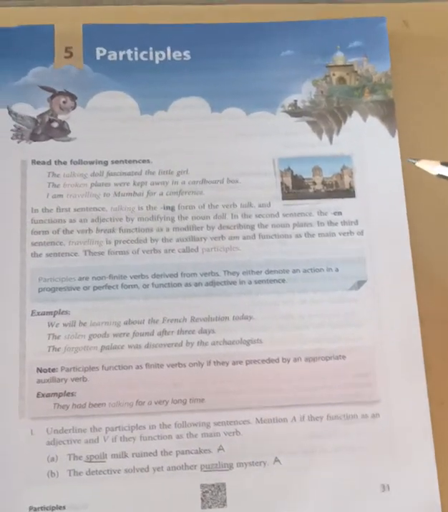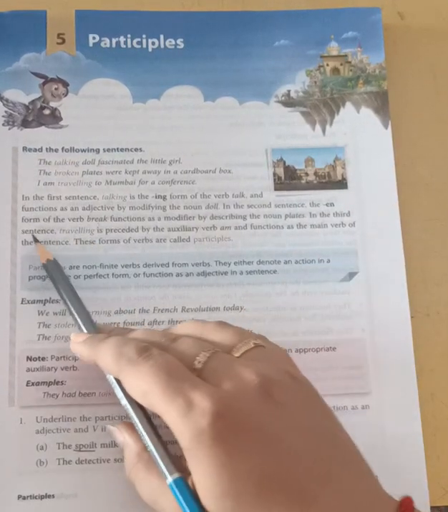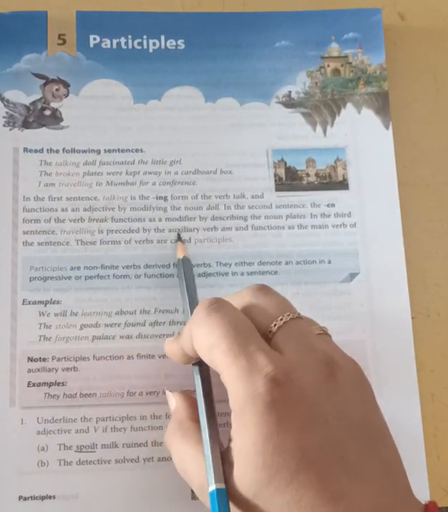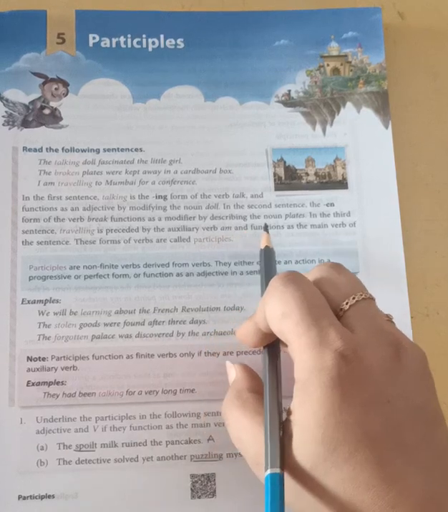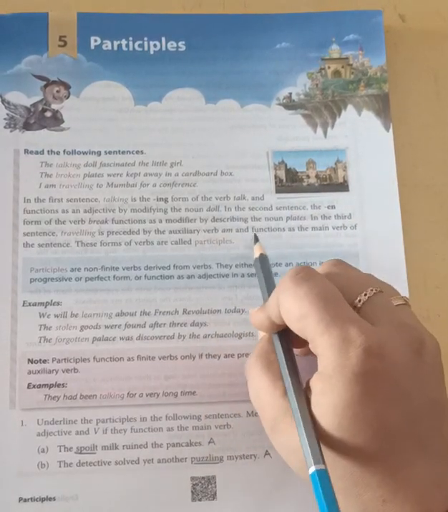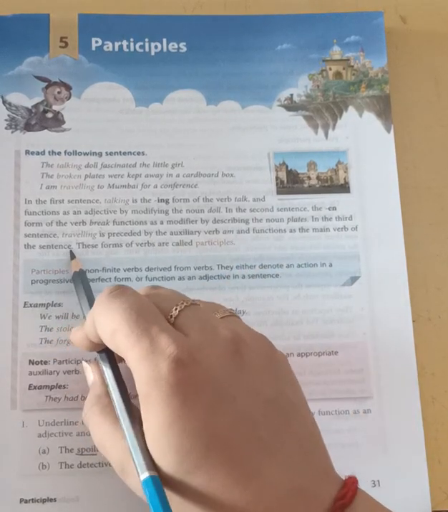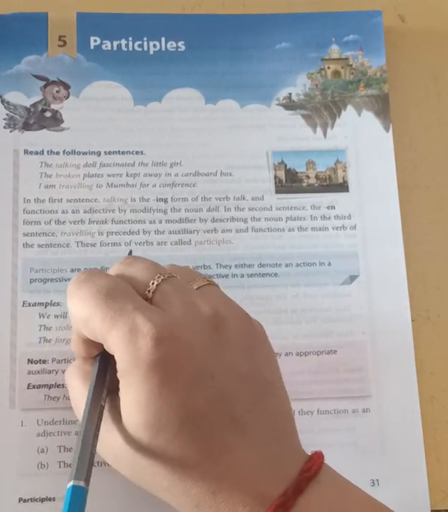In the third one, traveling is preceded by the auxiliary verb am and functions as the main verb of the sentence. These forms of verbs are called participles.